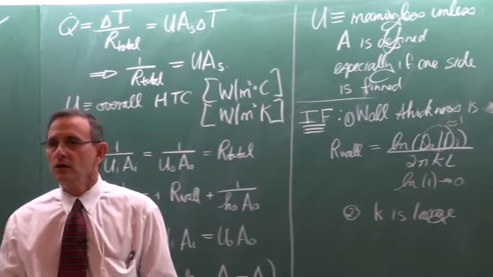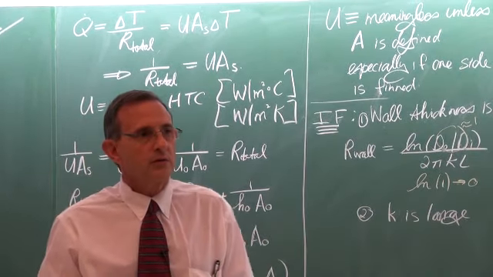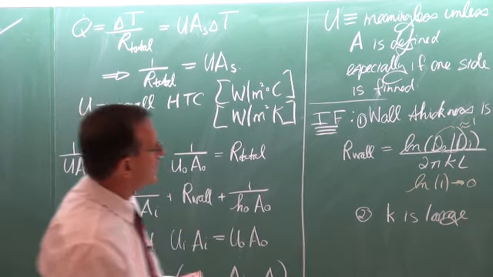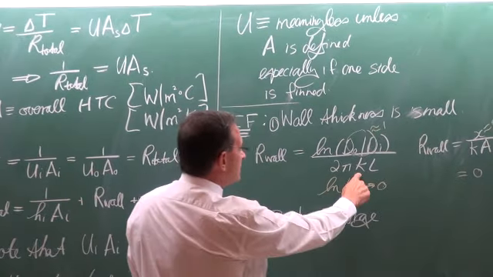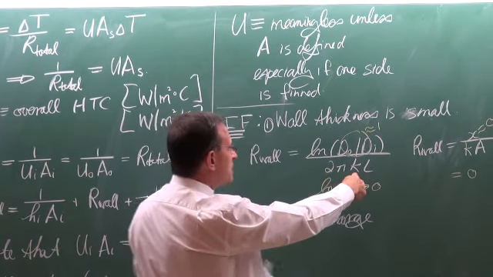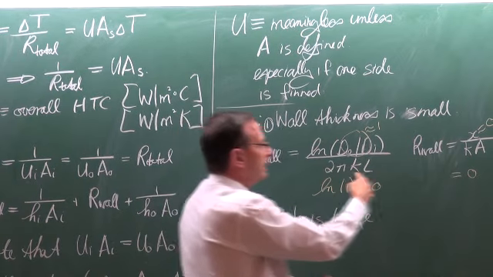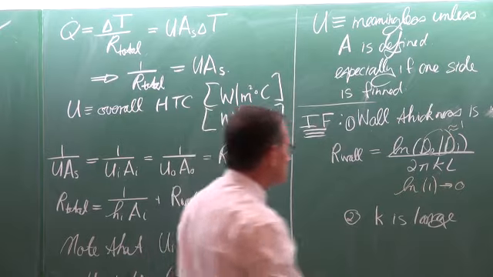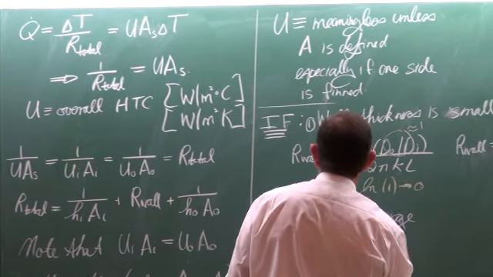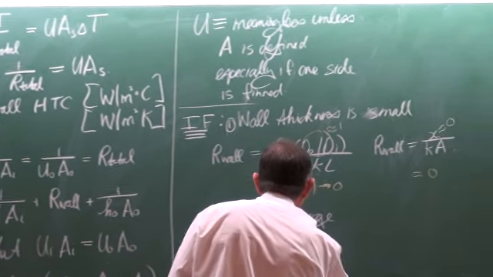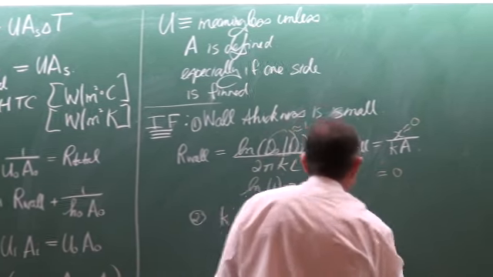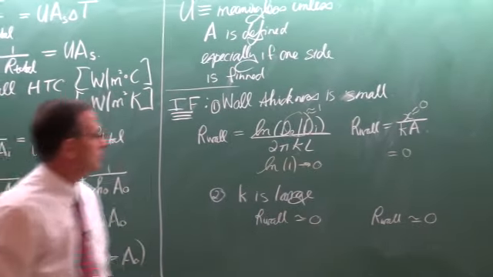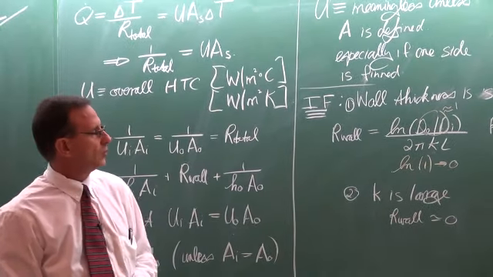Typically, if you use copper, thermal conductivity is in the order of about 300, very, very high. So here we can see that we divide by K. And if K is very high, again, then the resistance is very small. If K is large, then the resistance of the wall in both cases would be very small.